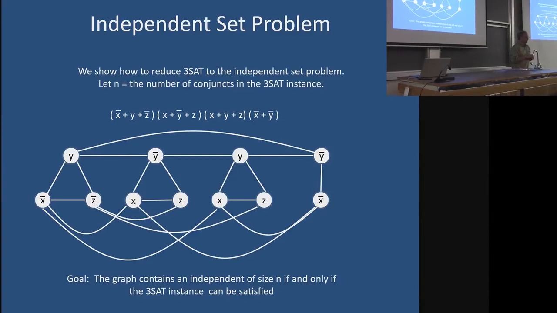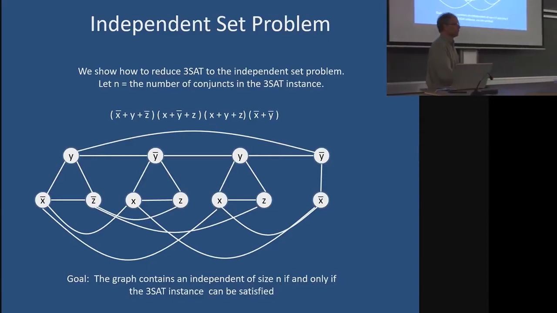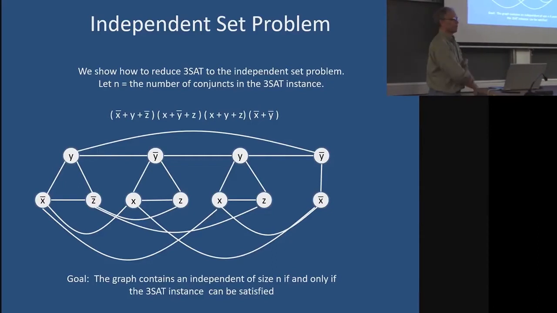Right. Since we picked x bar, we're saying x is false up there. Since we picked y bar, we're saying y is false. And since we picked z, we say z is true. So the solution is x is false, y is false, z is true, and that is indeed a solution to that formula up there.